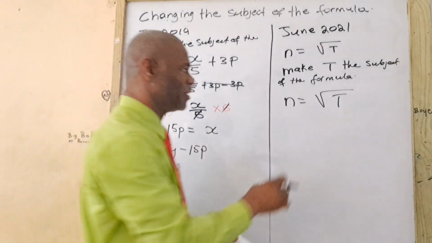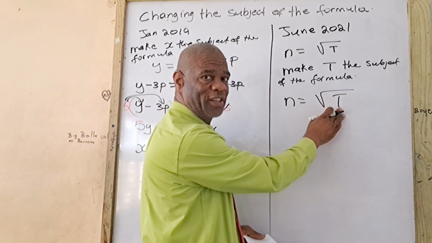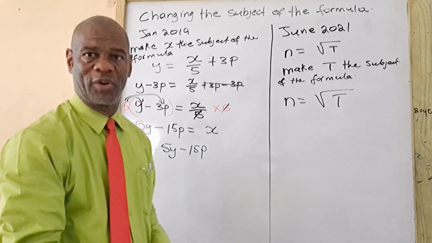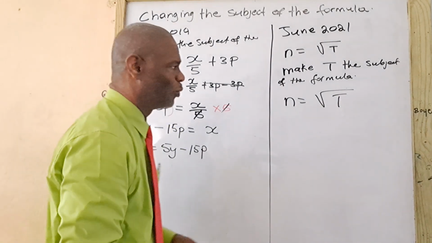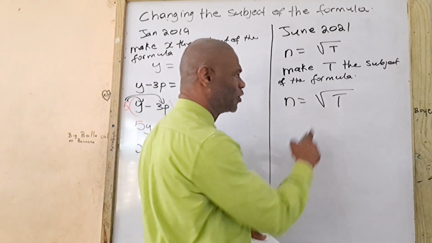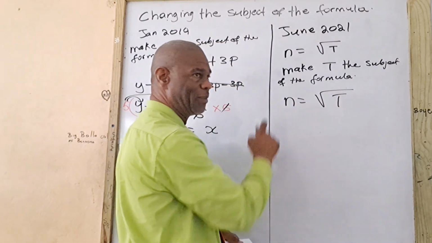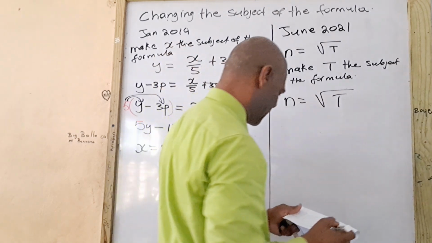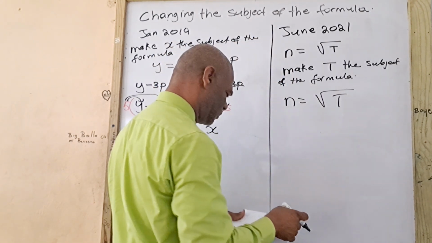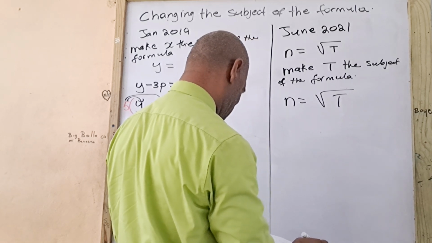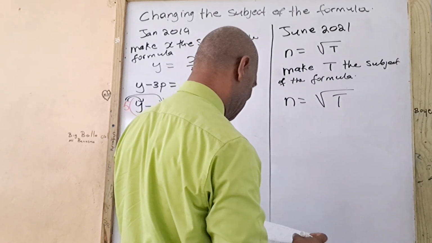So we have n equals the square root of t. Now we want to make t the subject here, so we must get rid of the square root sign. To get rid of that, we have to square all of this, and we must do the same thing to the other side. So to make t the subject, we square both sides of the equation.